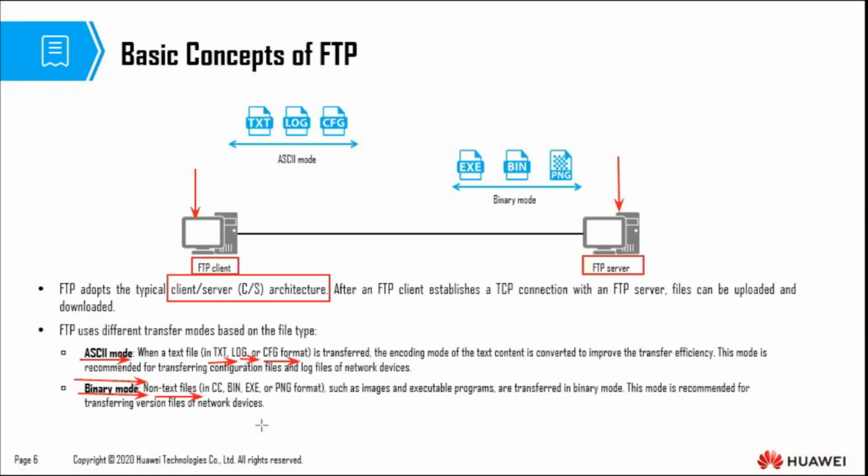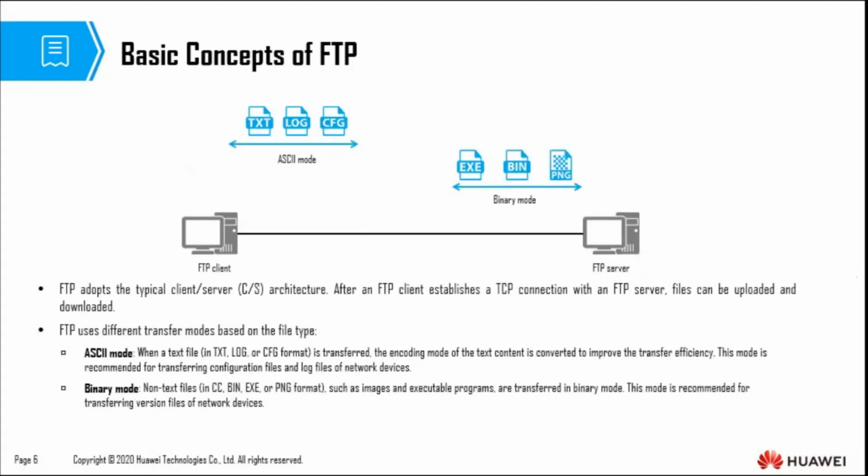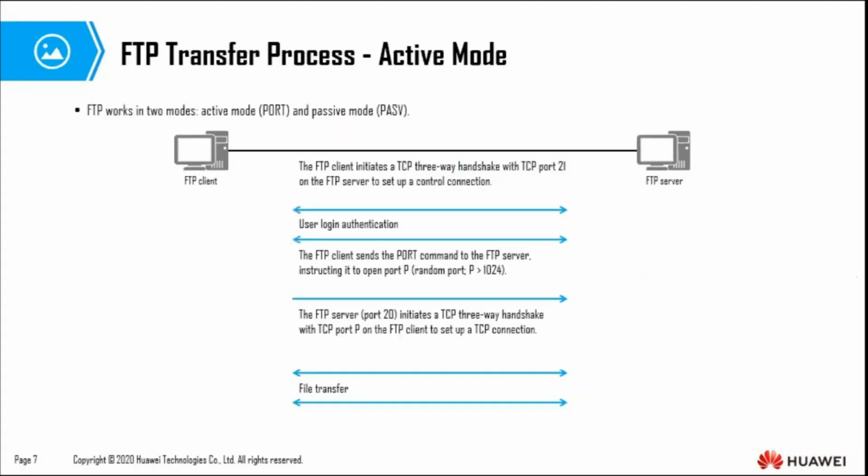Are you getting the difference between ASCII and binary, and the kind of files that we can transfer using either of those two modes? Okay. It is important that you know that, because if you want to download or upload a configuration file, you need to understand that you're going to use, for example, the ASCII mode to do that.